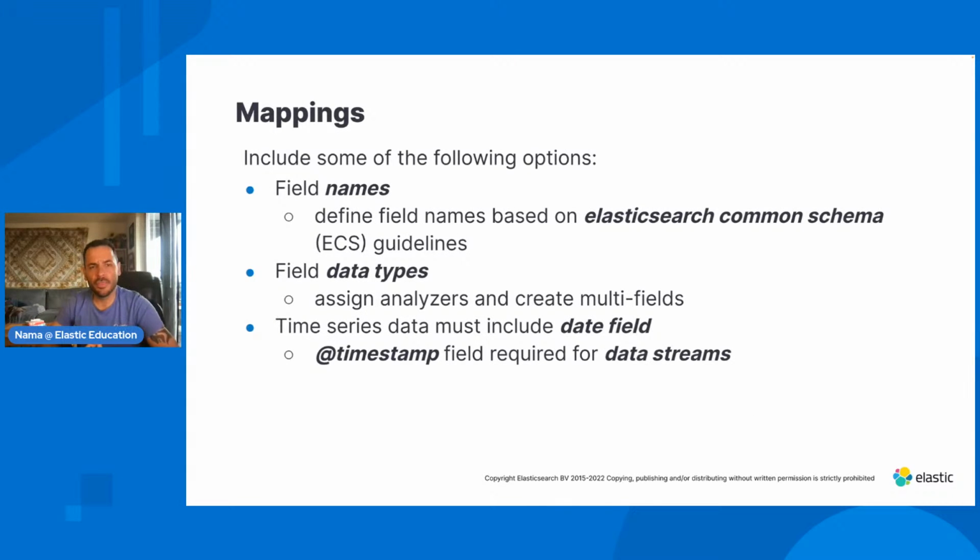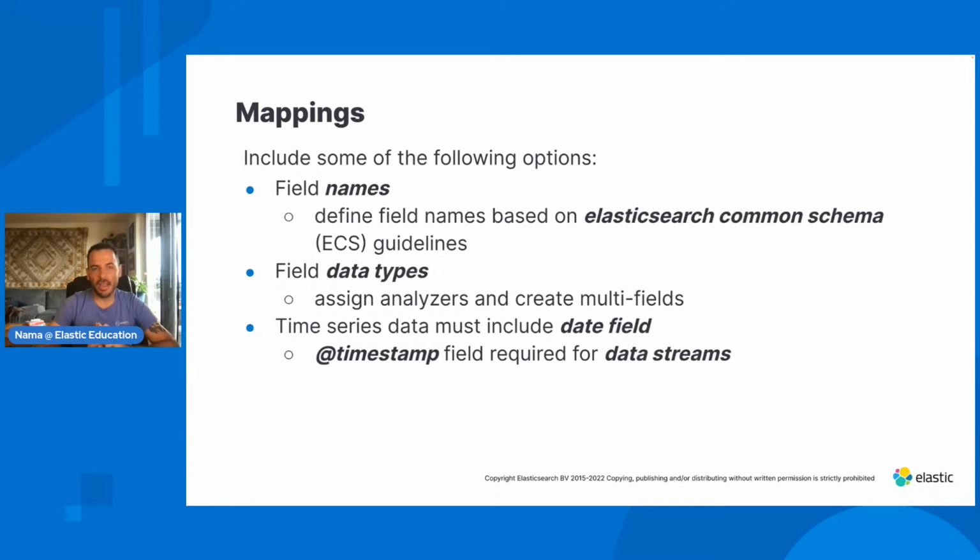Mappings. What are good things to put in the mappings for an index? Have somebody else do the work for you. Follow these guidelines: the Elasticsearch Common Schema guidelines basically outline all these different fields for you to use. Granted, they're all in the IT, quote unquote, industry, but it really does most of the work for you. They tell you the data types you should be using, specific nomenclature and everything for it. So really good help there.